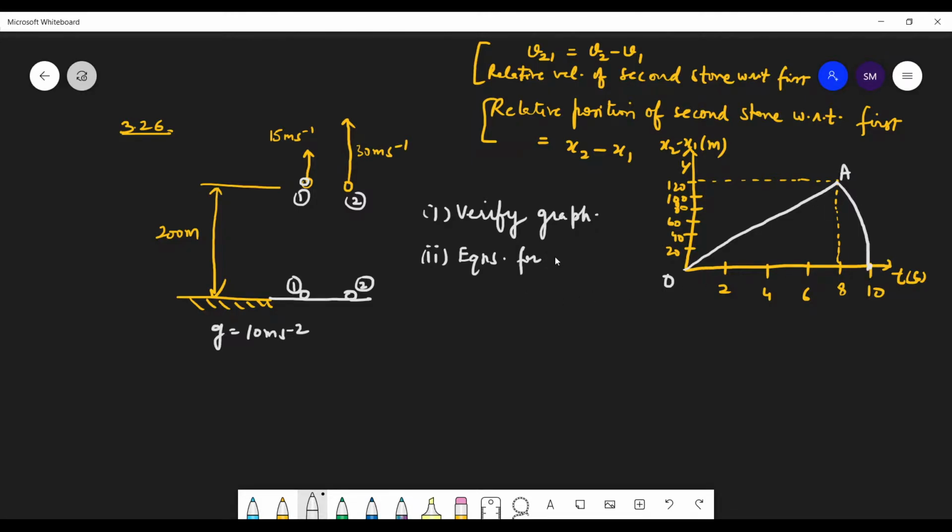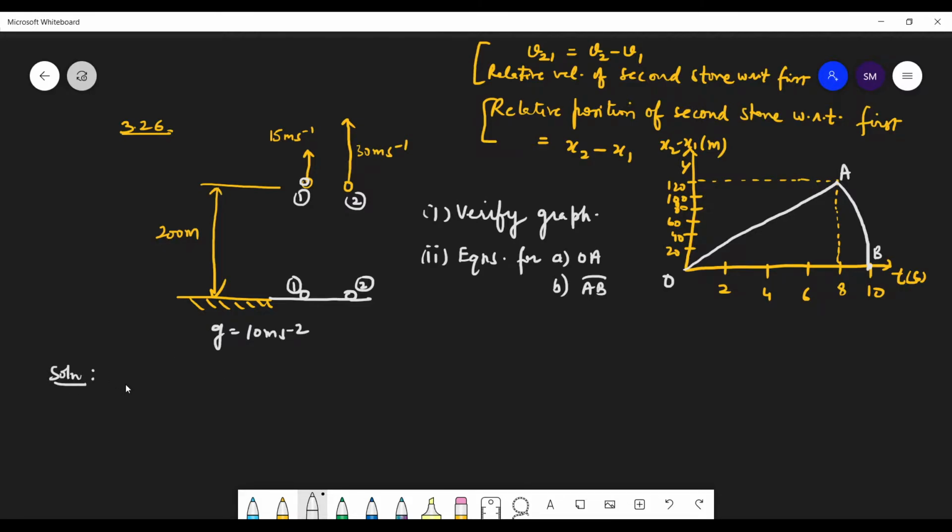So the equation for OA and the equation for the curve, which you can say ends at B: line segment OA and curve AB. So we have to give the equation for the linear part OA and the curved part AB. So that's our question. Okay.